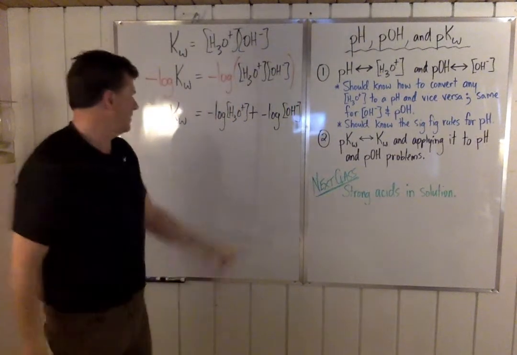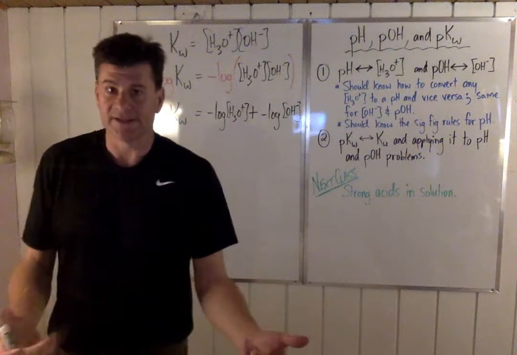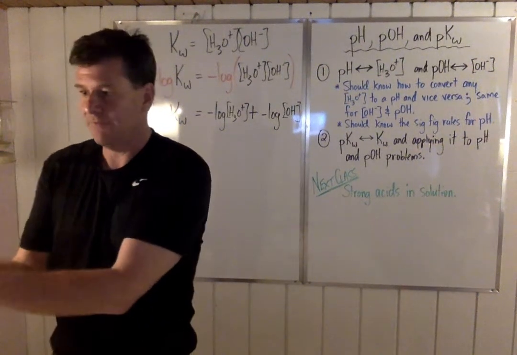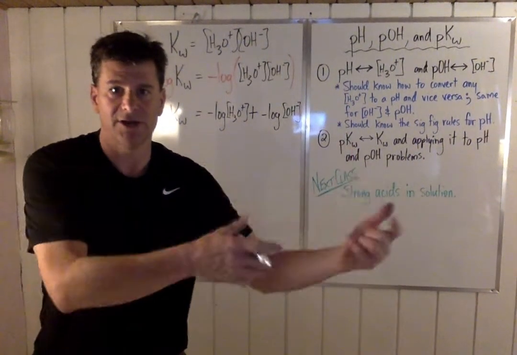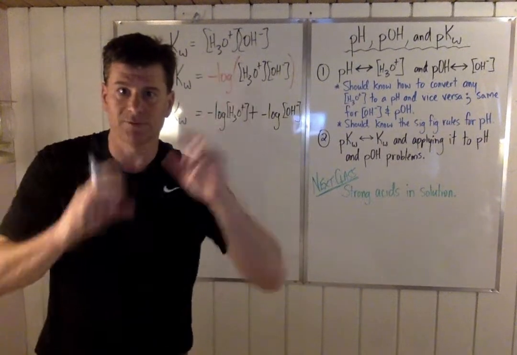That's a little weird, but that's the log rule: the negative log of the hydronium plus the negative log of the hydroxide equals the negative log of hydronium times hydroxide.